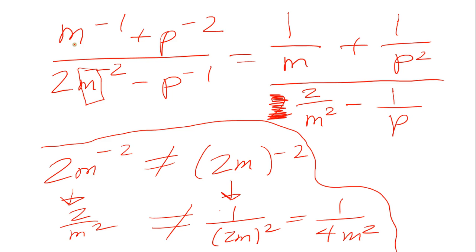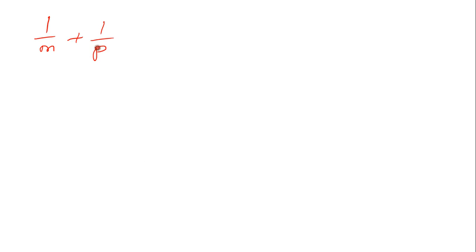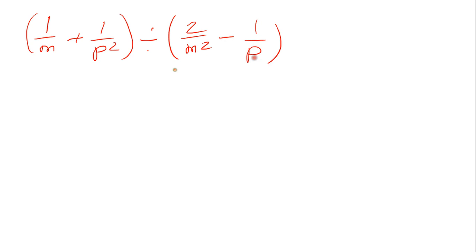So we got 1 over m plus 1 over p squared divided by 2 over m squared minus 1 over p.